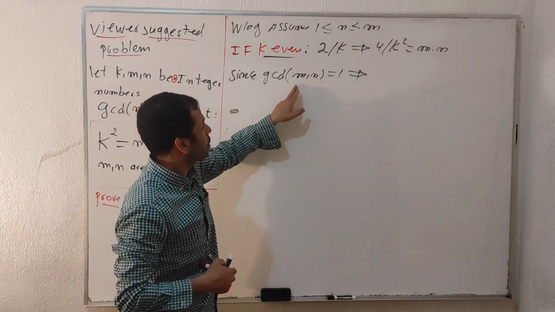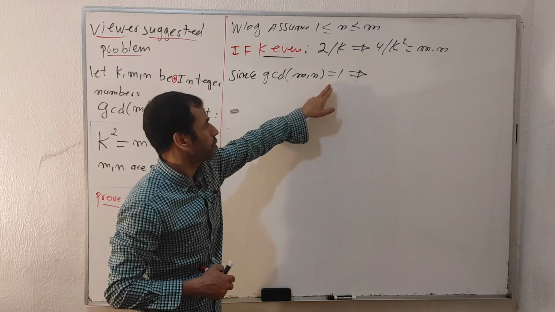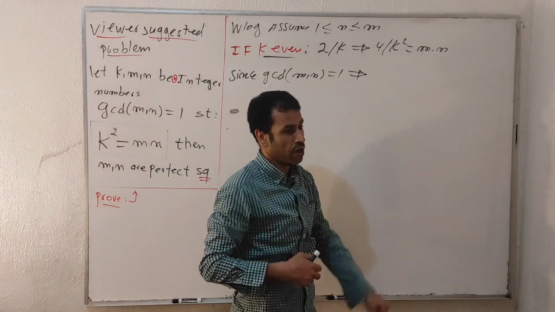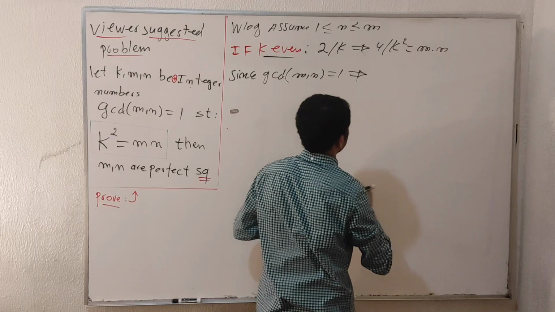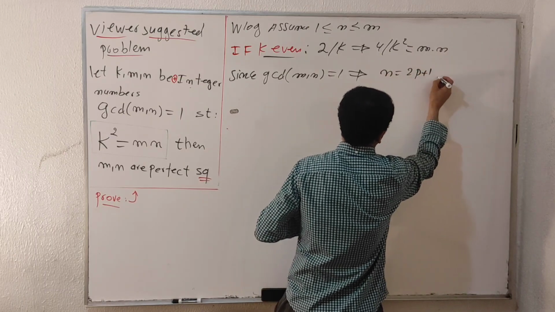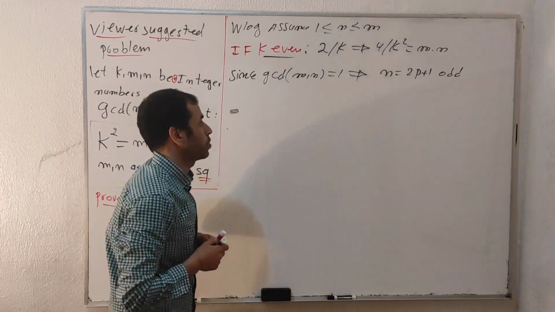We would have gcd equal to at least 2. So they are sharing 2 as a common divisor. Okay, one of them must be odd. So let's set n equals 2p plus 1 as an odd. The other one must be even.